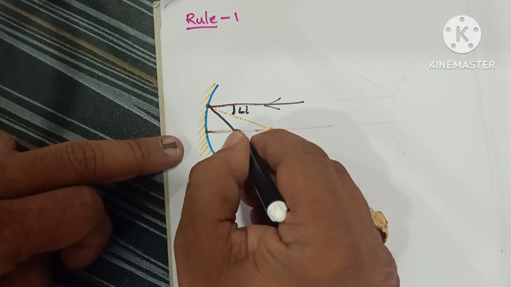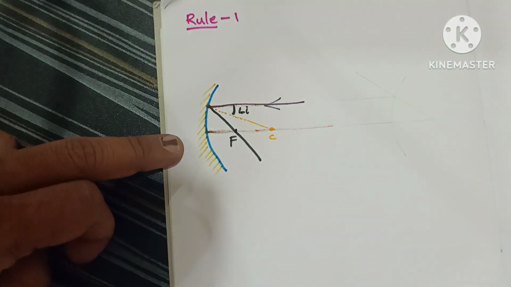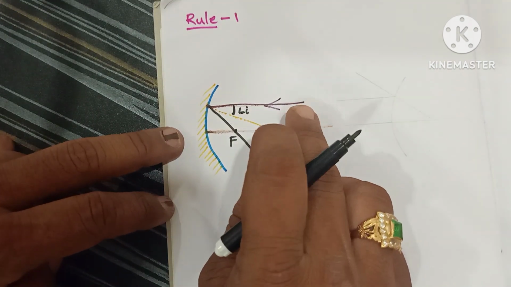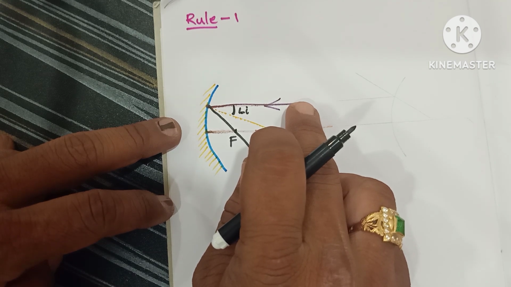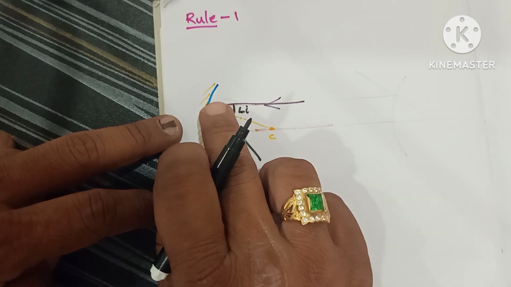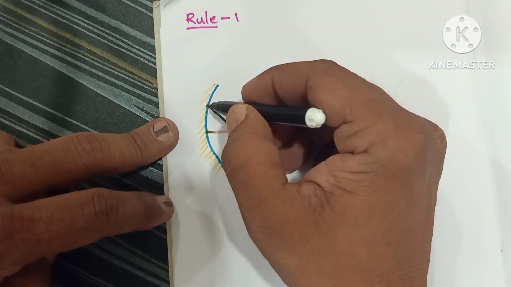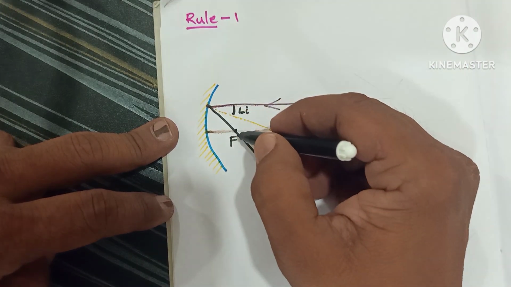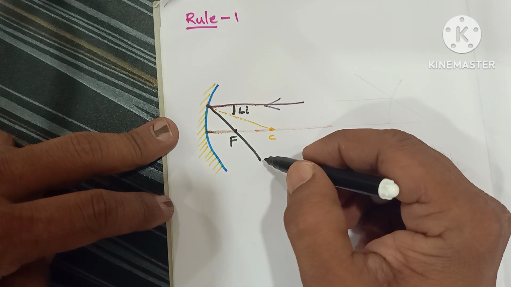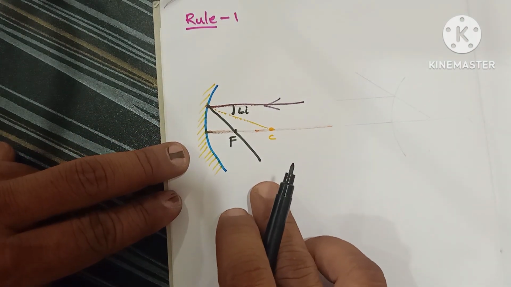It is observed that it is passing through the focus. So we can state that any ray parallel to the principal axis that is incident on the concave mirror gets reflected and passes through the focus. This is the first rule in the case of a concave mirror.